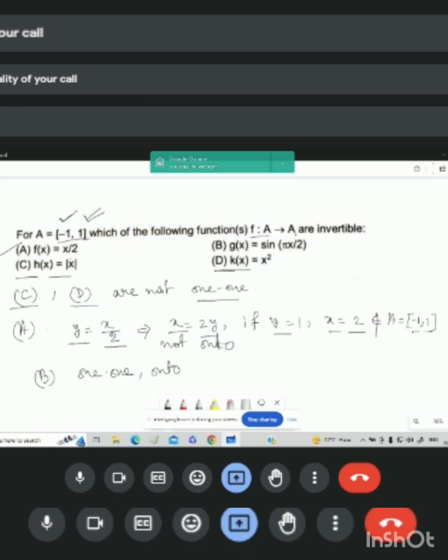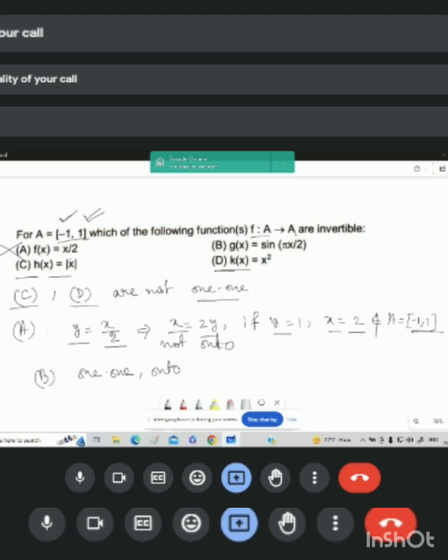So it implies the element 1 in the codomain interval minus 1 to 1 has no pre-image in the domain interval minus 1 to 1. That is, the mapping is not onto. So option A is also not invertible.